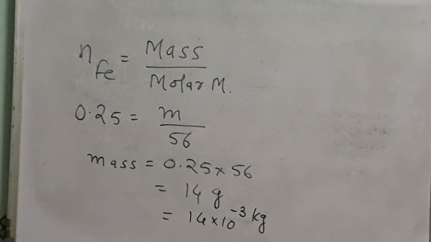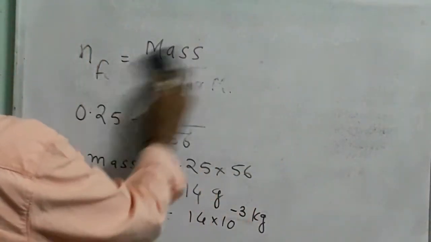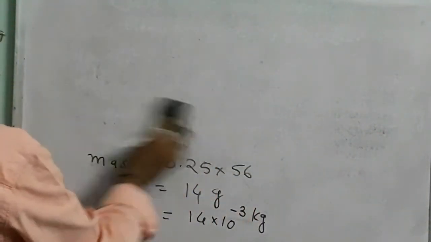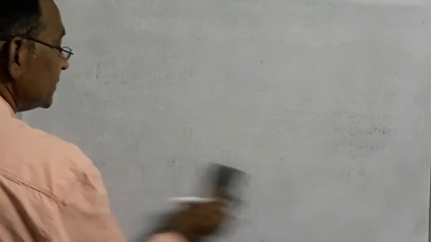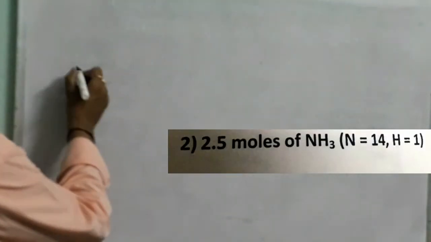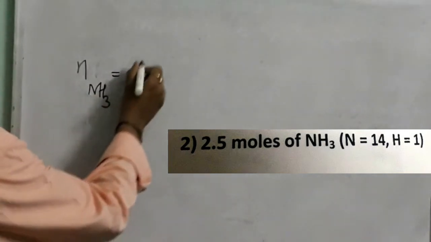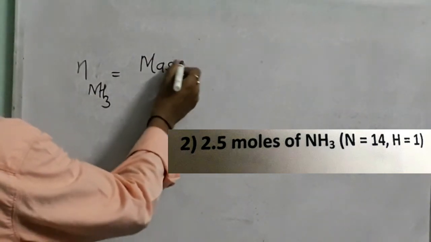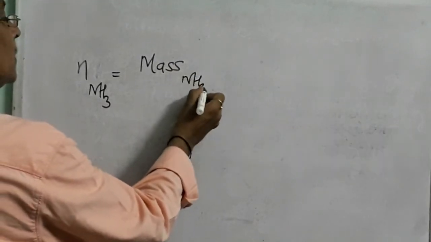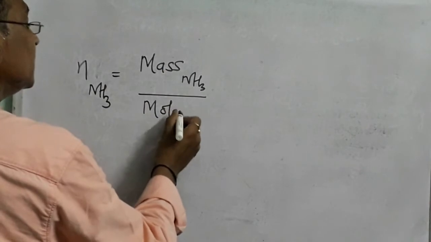The second one is the question that appears on your screen: 2.5 moles of NH3. So number of moles of NH3 is equal to mass of NH3 divided by molar mass of NH3.